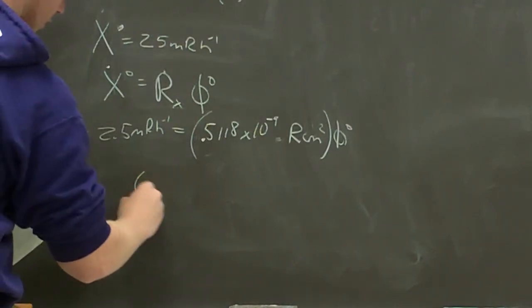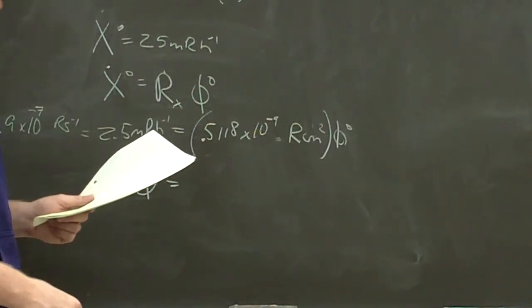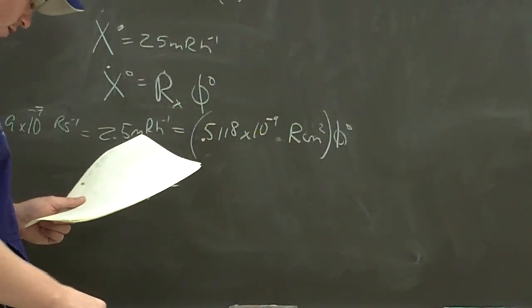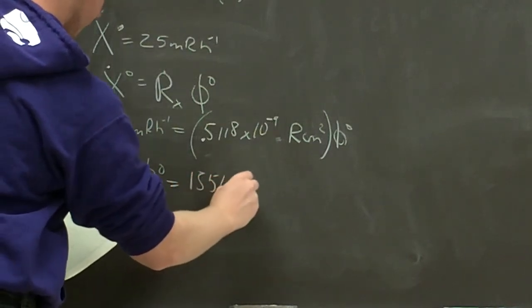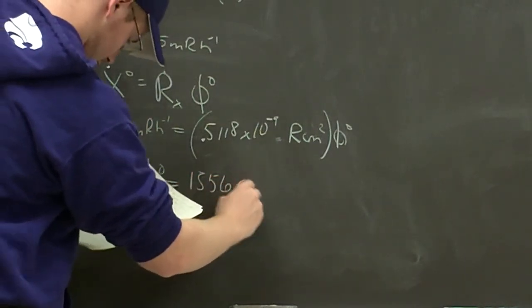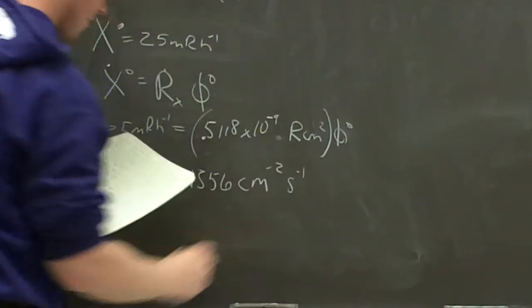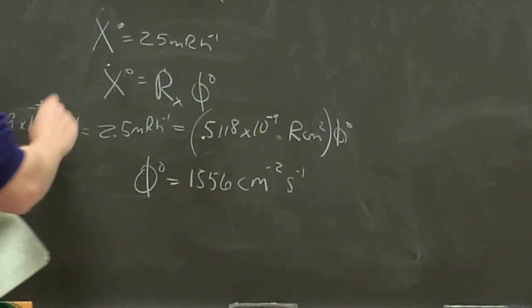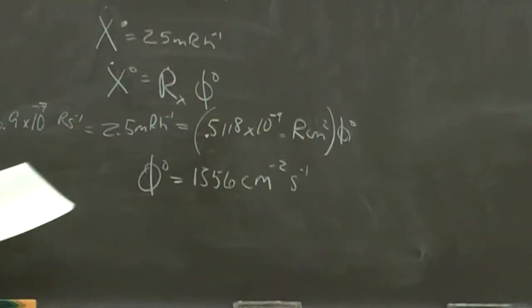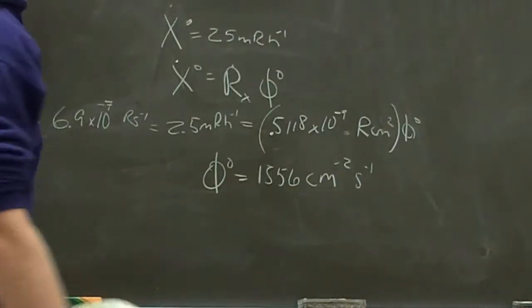So here you can find that your flux is constrained to 1356. Is that what you got? I didn't calculate that. Can somebody calculate that? I want 6.944 times 10 to the negative 7 divided by 0.5118 times 10 to the negative 9. Just want to make sure that's right.